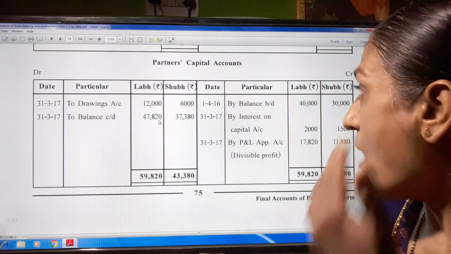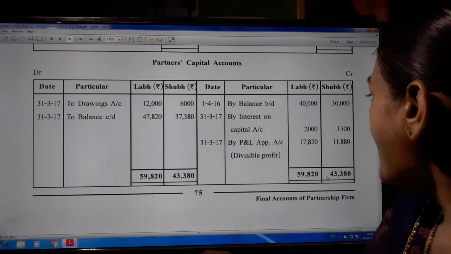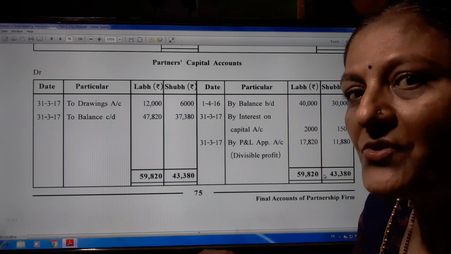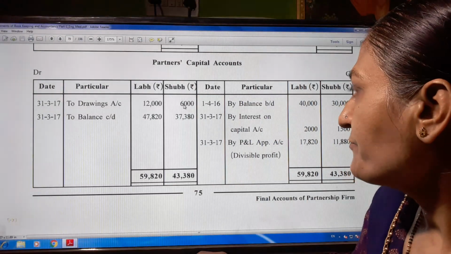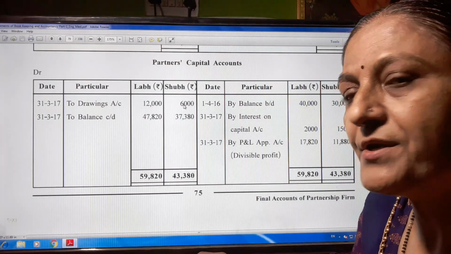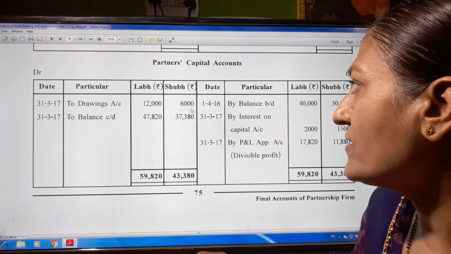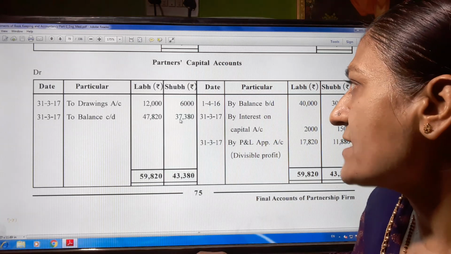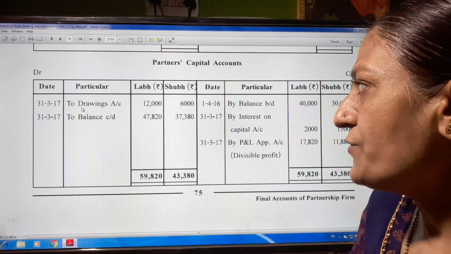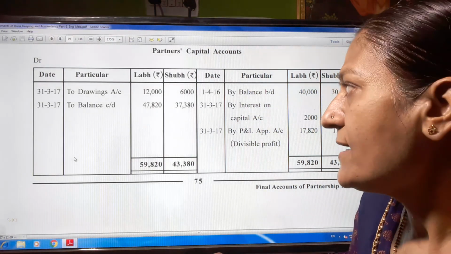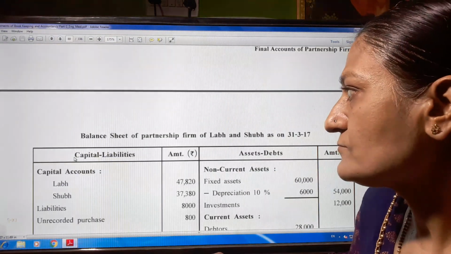And now for Subh, credit side of Subh is 43,380 and debit side 6,000. 43,380 minus 6,000, then we get the difference amount 37,380, and this amount we transfer in the balance sheet as capital.